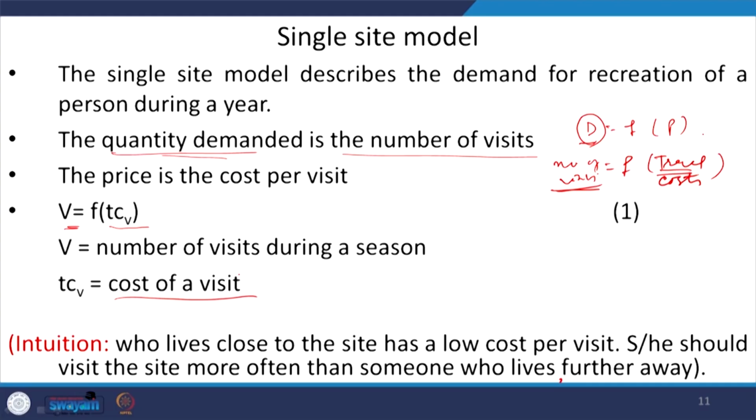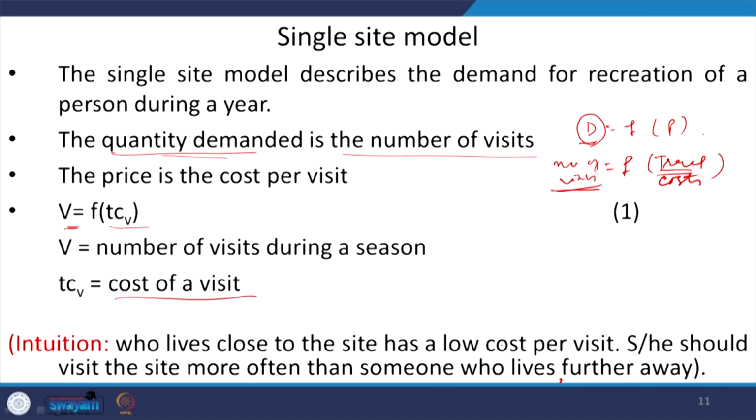Here the very intuition that we are taking into account is that if the visitors are living close to this site, then it has a low cost expenditure per visit. If the cost of visit is less, then obviously the person would be interested to pay more visits to that particular place, and vice versa.